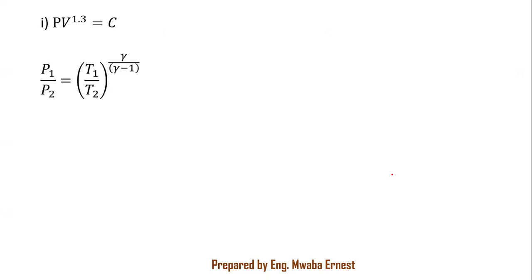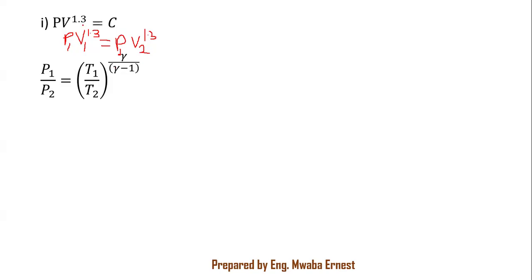The other way of writing this one is where we say P1 V1 power 1.3 is equal to P2 V2 power 1.3. This is the same as what we have on top, and you can write it in that format or any other.